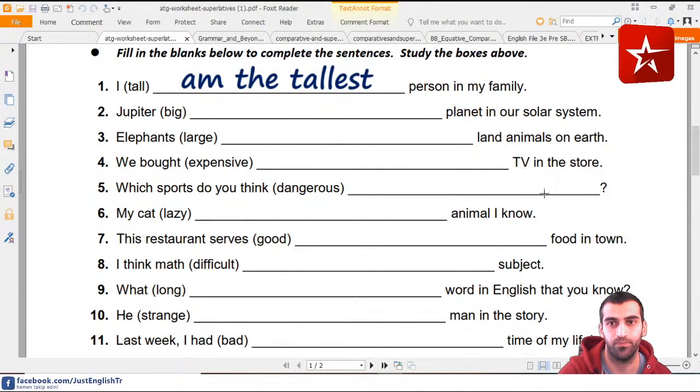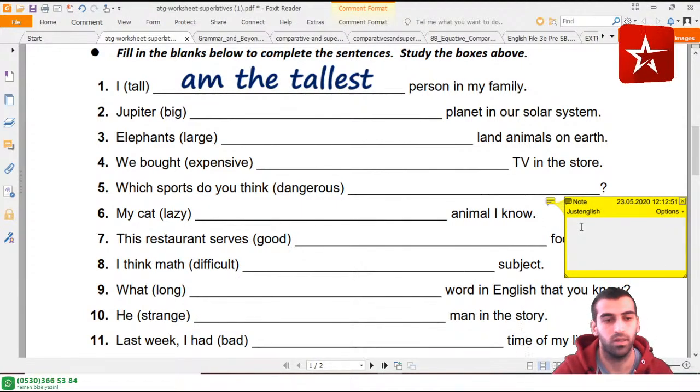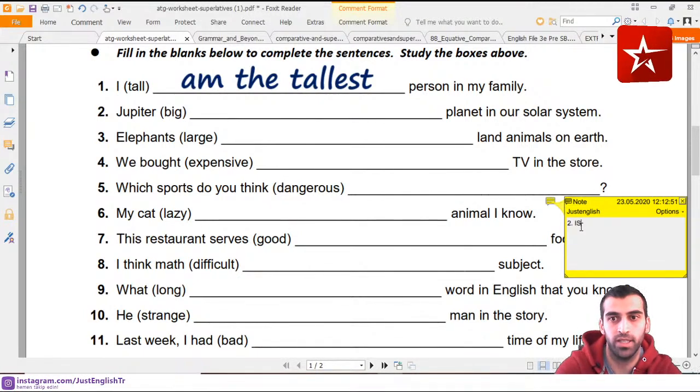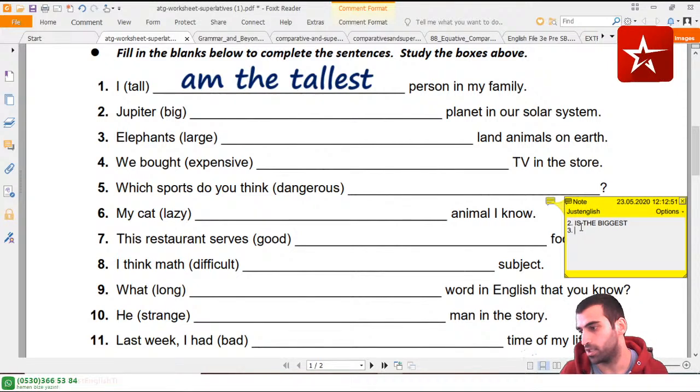Yes, I will write the numbers of the questions here in order to show you the correct answers. So don't forget to write the verb to be: is, the, and biggest. Number 2 is the correct answer. Let's continue with number 3. Elephants, blank, land animals on earth. For number 3, Sıla, Halil Özan, Mehmet Erdemli, Leyla, and Emir say the largest.